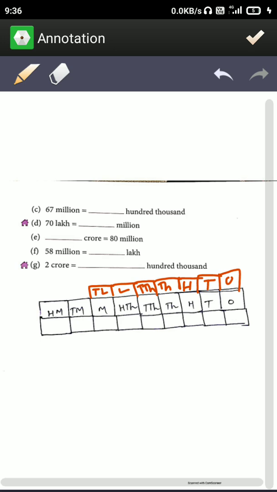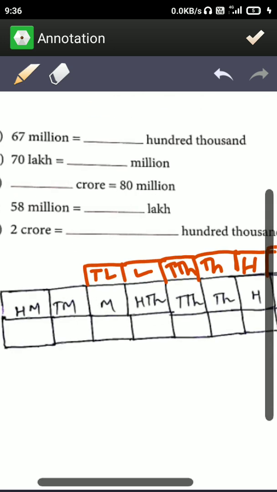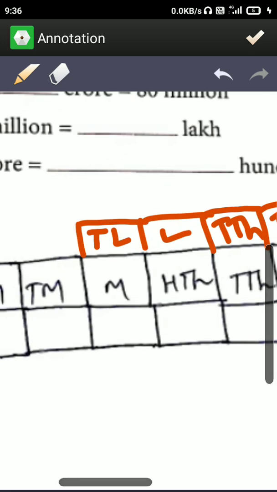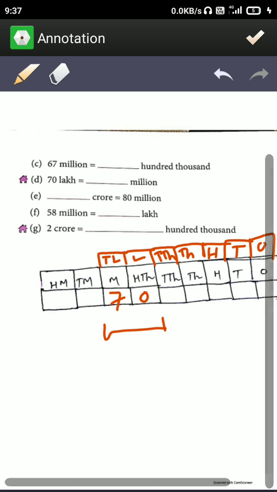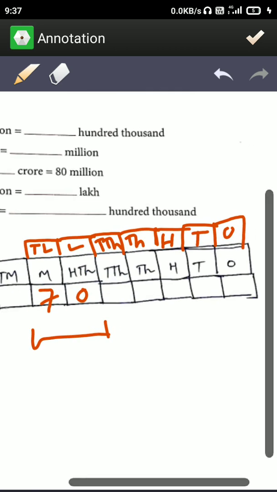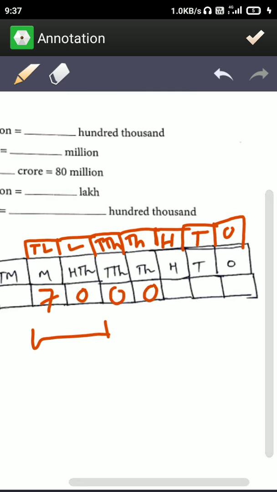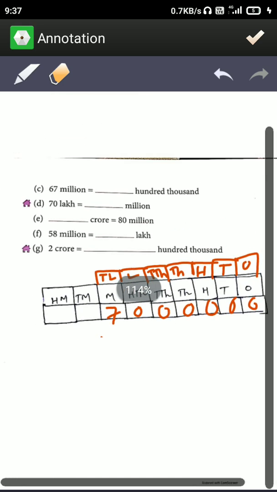So it is saying 70 lakh is equal to how many million? Here we have to write 70 lakh. I hope you are able to give me the answer.